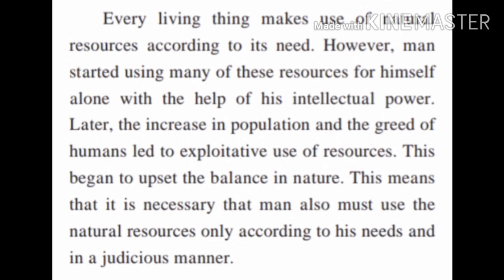Later, the increase in population and the greed of humans led to exploitative use of resources. This began to upset the balance in nature. This means that it is necessary that man also must use the natural resources only according to his needs in a judicious manner. Always remember, man has to depend on nature for many things.